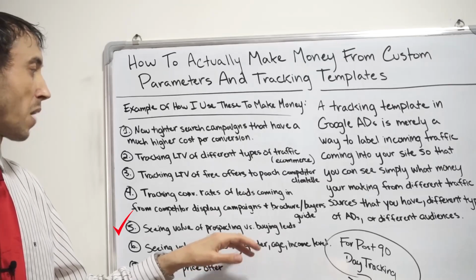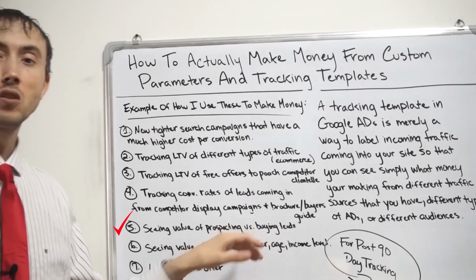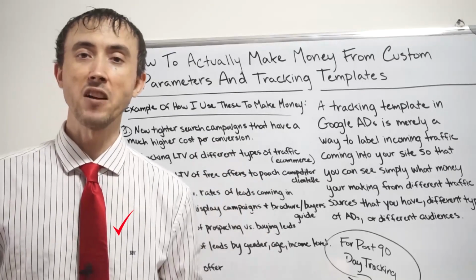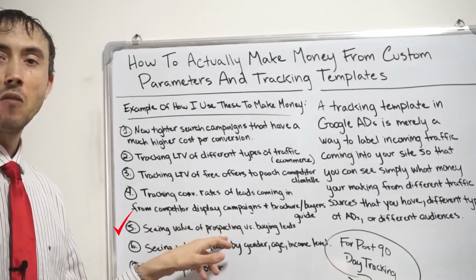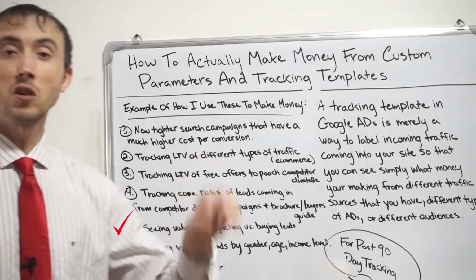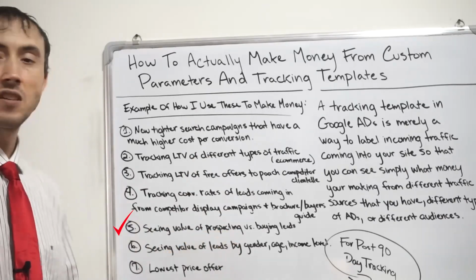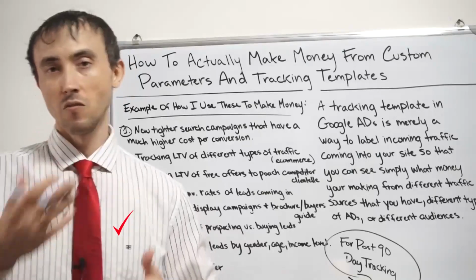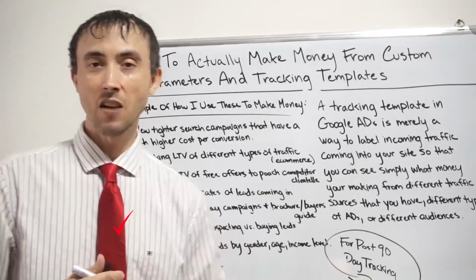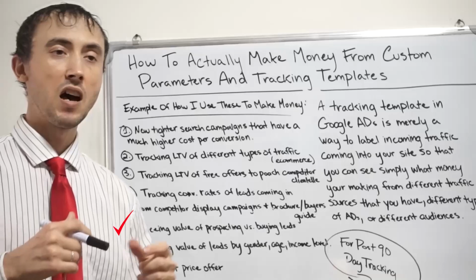Ultimately, by the way, in addition to the content where we had a buyer's guide with an actual opt-in, we can use cookies. We can have the tracking template captured in a cookie, which you can look up, what that means and how it's done.